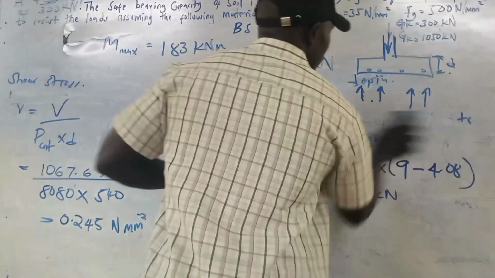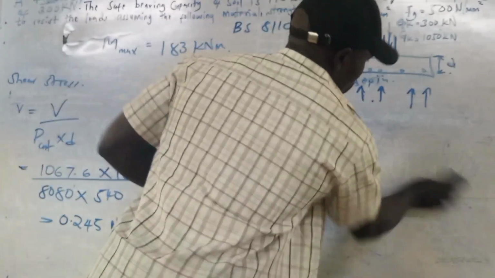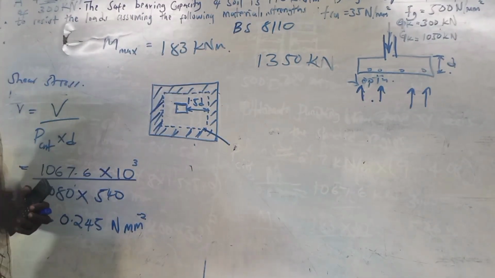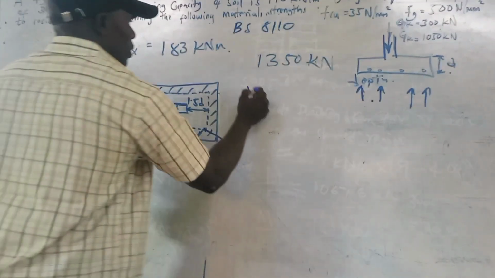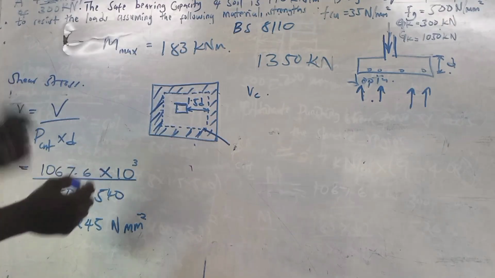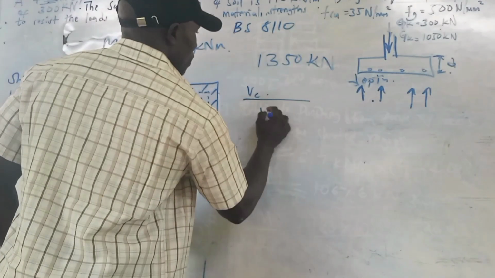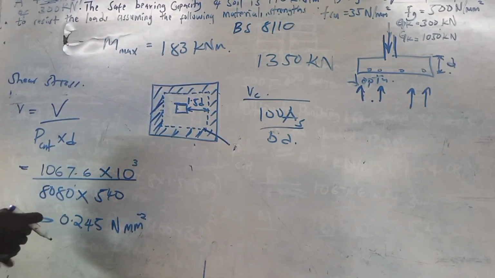Then we can calculate the design concrete shear stress. We can work out the design concrete shear stress from table: 100 As over b d. Okay?